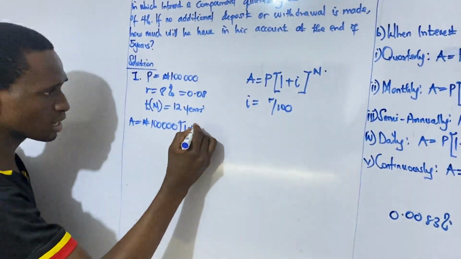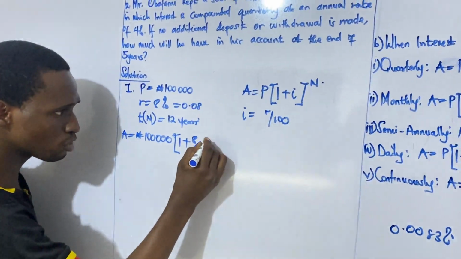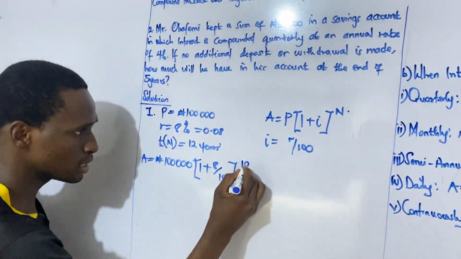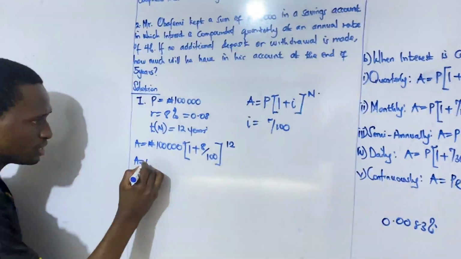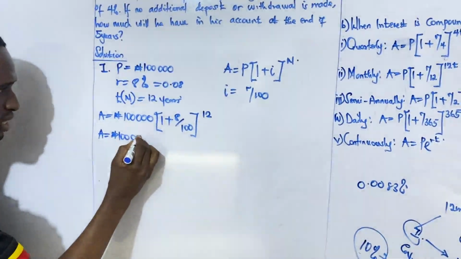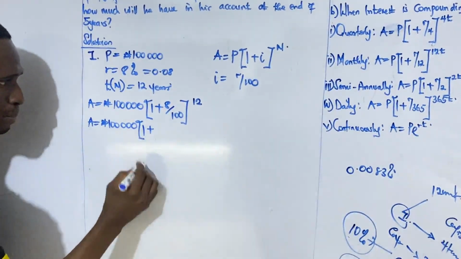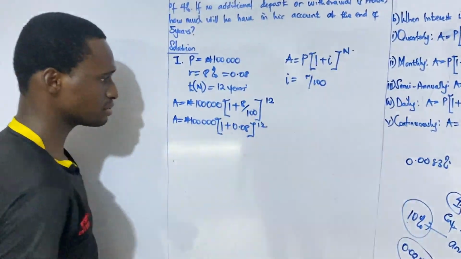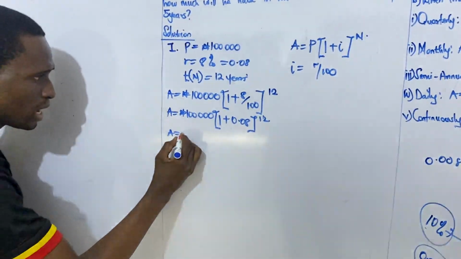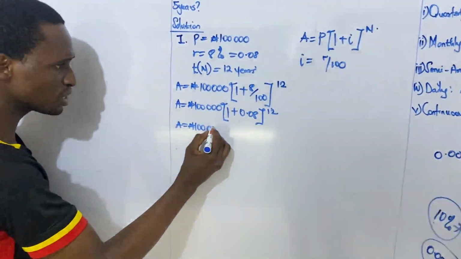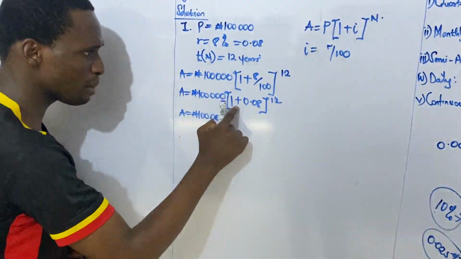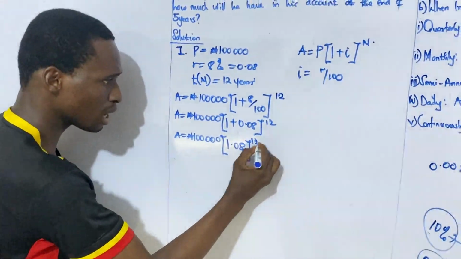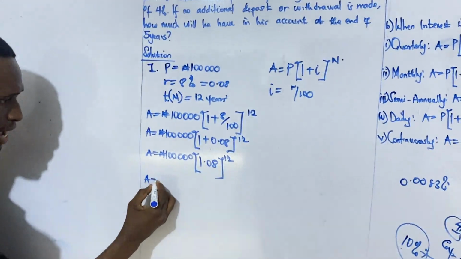What's my R? 8 over 100, raised to power N. What's my N? 12. So A is 100,000 naira into 1 plus 0.08, together that is 1.08, raised to power 12.